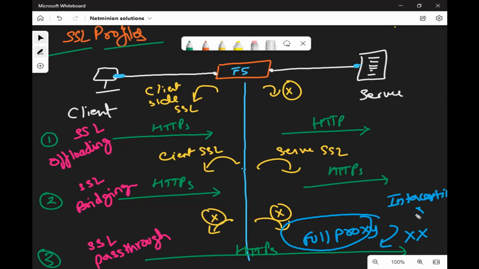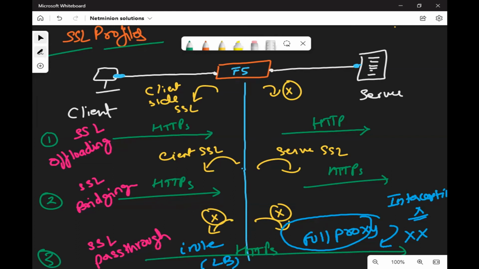Interception is not there. It cannot apply anything like an iRule or something else. It's a plain legacy load balancer only, because end-to-end encryption is going on. F5 is not coming into the picture.